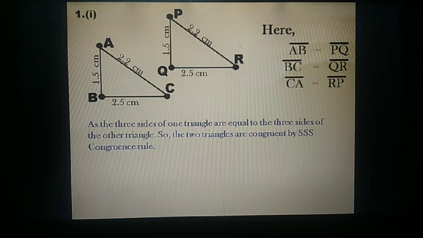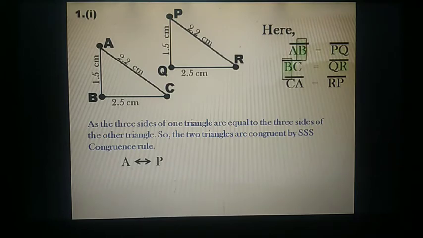Now we will find the corresponding vertices, starting from A, then B, then C. In these three equations, we can see that A is present in the first and the third one. So A is common on the left hand side. The common on the right hand side is P. So A corresponds to P. Now we will check for B. B we will find in the first and the second line.